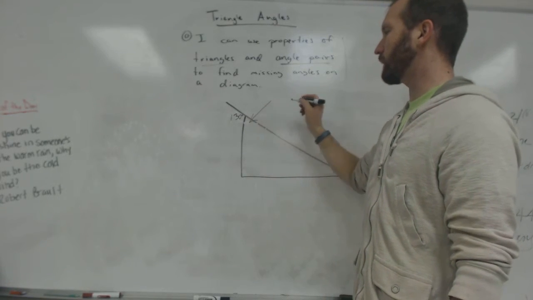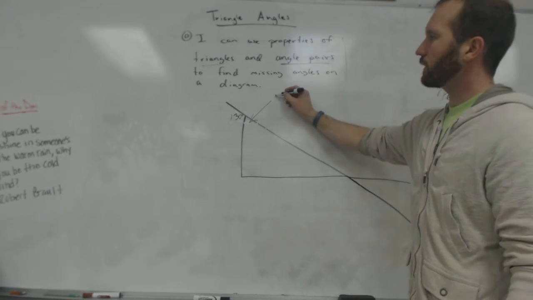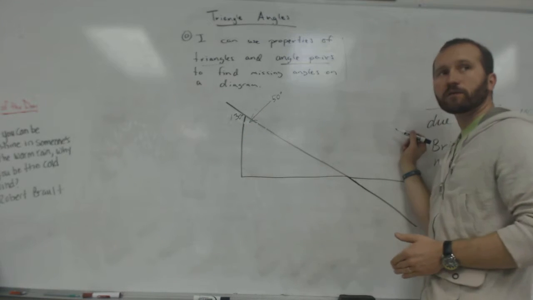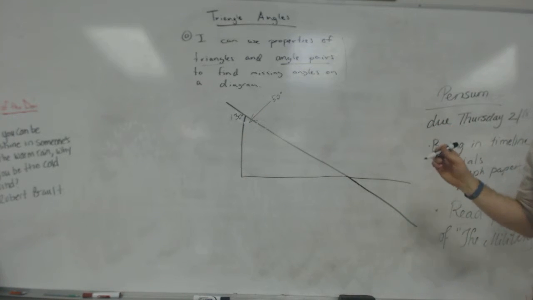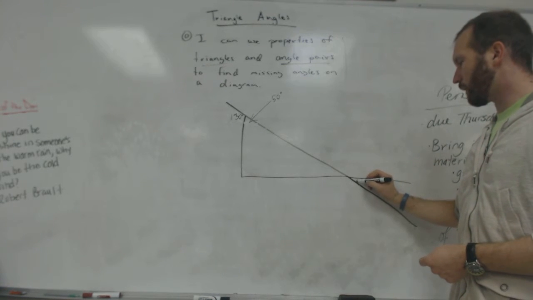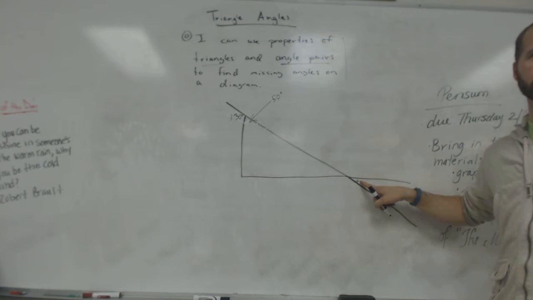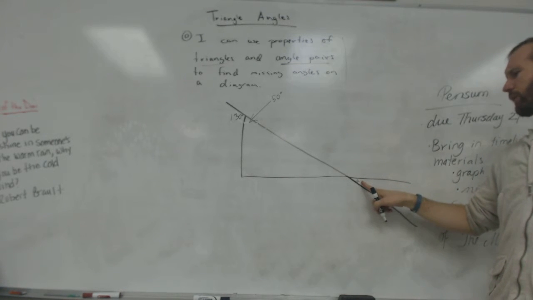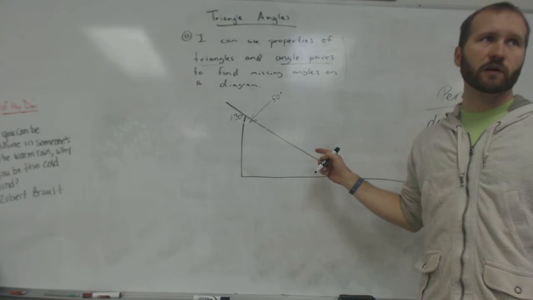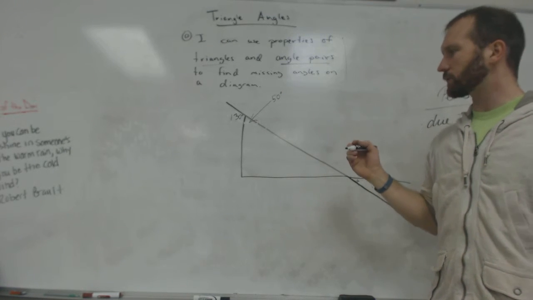So that would be 50. And in the diagrams on the homework, write things in as you find them. Often they're asking you to find something like this angle, angle A, but in order to find that, you might have to find two or three other things first. So write those in as you find them.